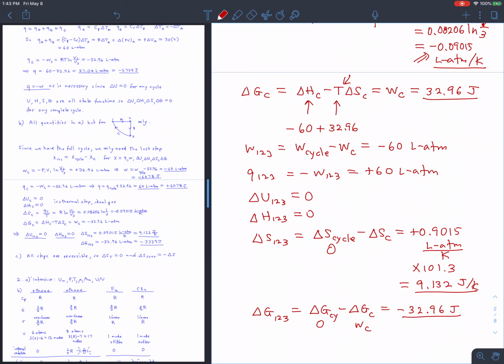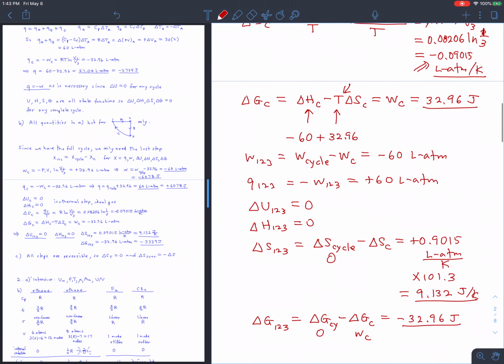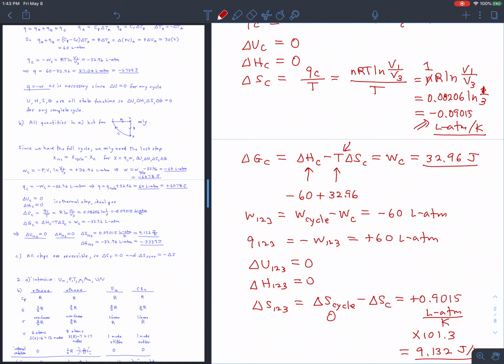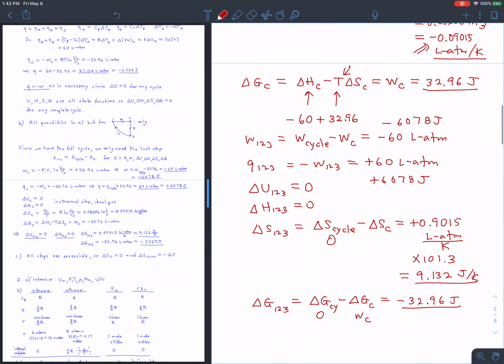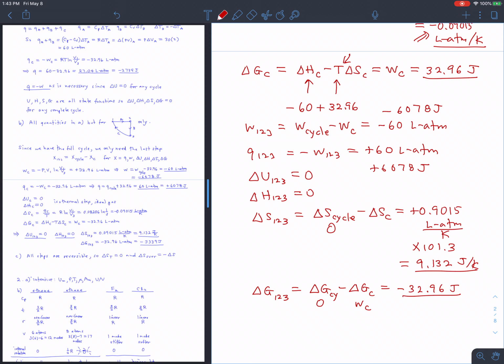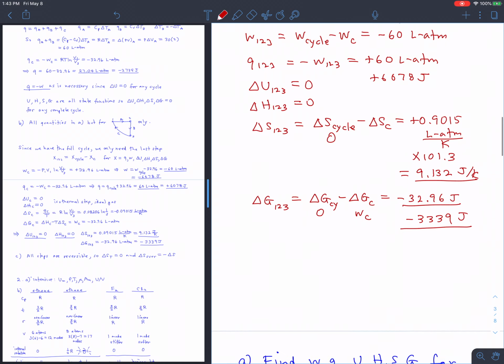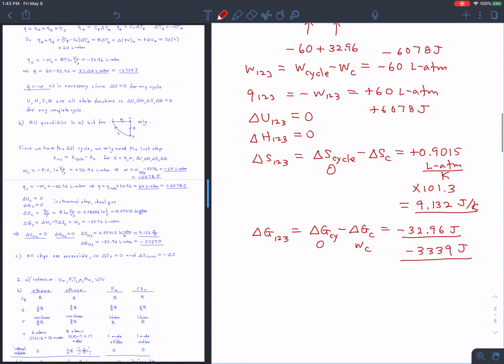And I think that is it. Let me convert these numbers to joules, just to put things in more normal units. This is minus 6078 joules. This is plus 6078 joules. And the delta G down here is minus 3339 joules.